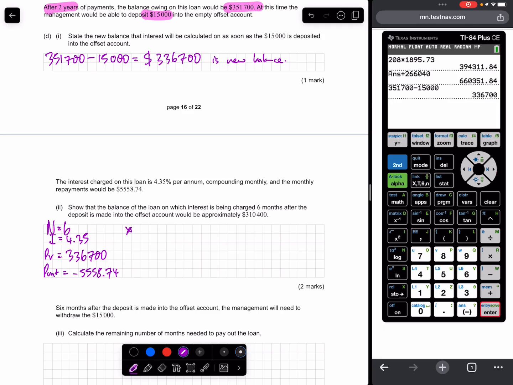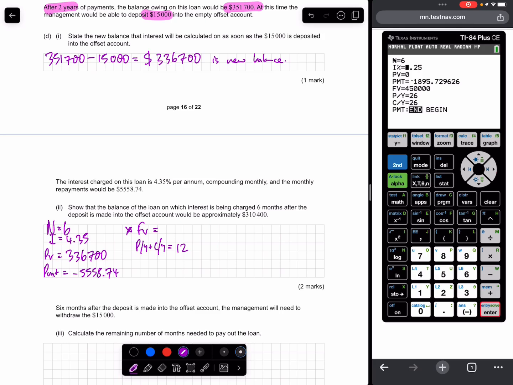We're finding the balance. So FV, PY and CY monthly 12. Oh, this is quite an in-depth one here. 6, 4.35, 336,700, negative 5,558.74.